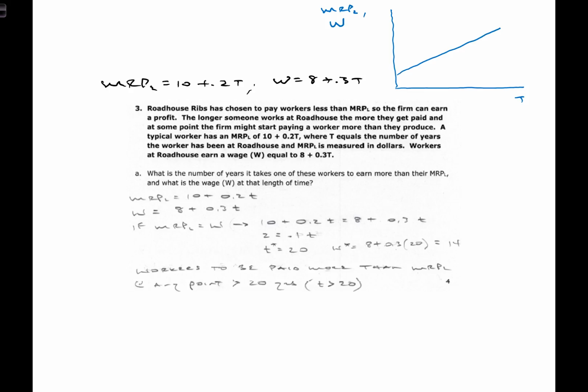So let's see. This first curve, this marginal revenue product of labor curve, is at 10 plus 0.2t. Well, if t equals 0, which it does right here, then this equals 10, and this is the MRP of L curve. Now let's think about the wage curve.